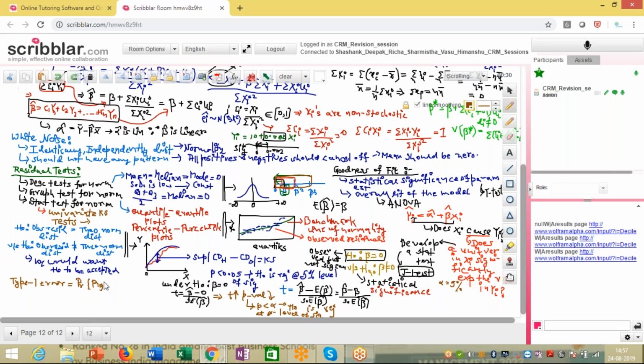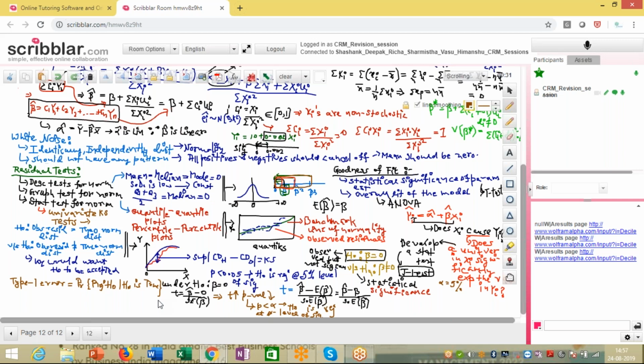Meaning, if your beta is null and we are mistakenly considering it as significant, given H0 is true. So this is the probability of rejecting H0 given H0 is true.